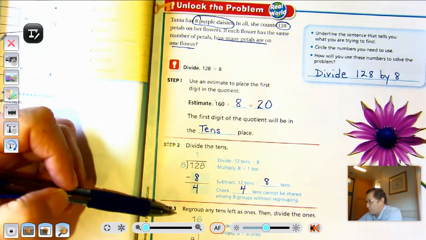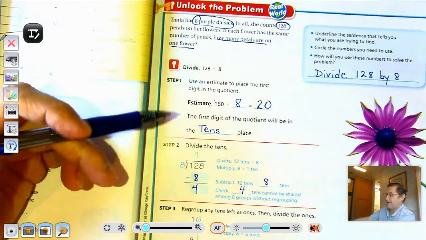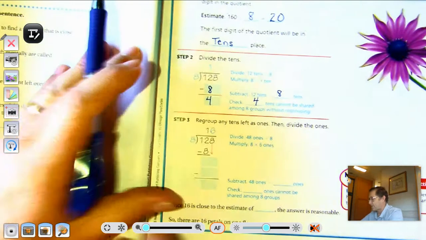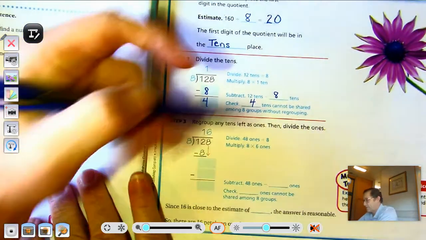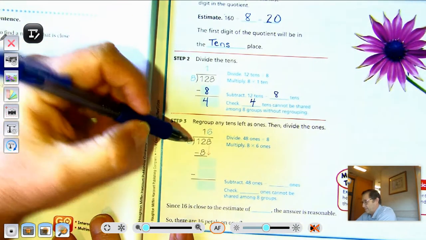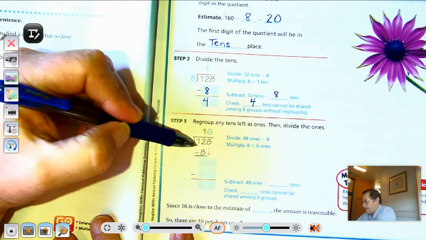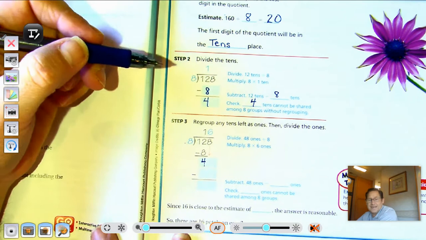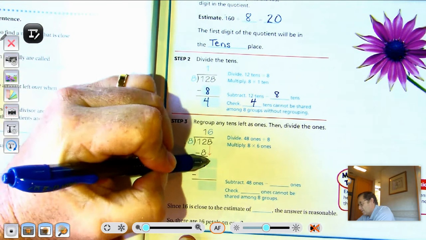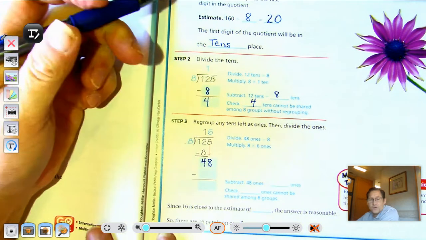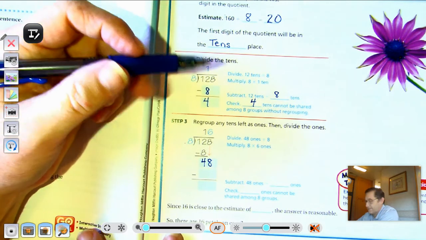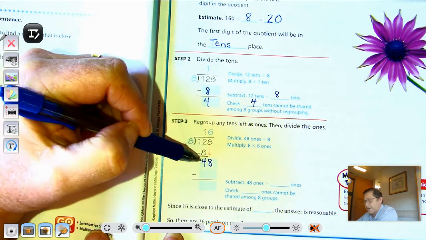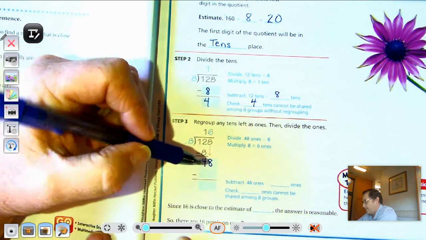All right, so let's regroup any tens that are left as ones. And then we're going to divide the ones. So here we have 8 times 1 ten, which left us 4 tens. We're going to trade that for 40 ones. Okay, so we had 8 ones left, and we're going to trade the 4 tens for ones, making 48 ones.